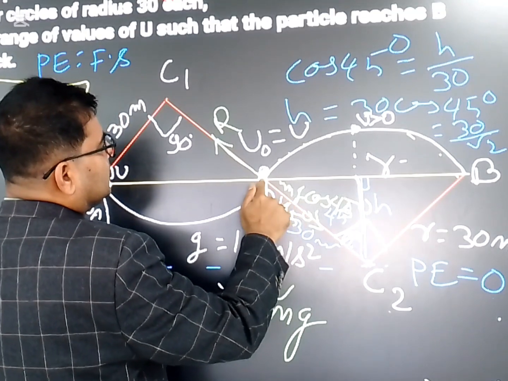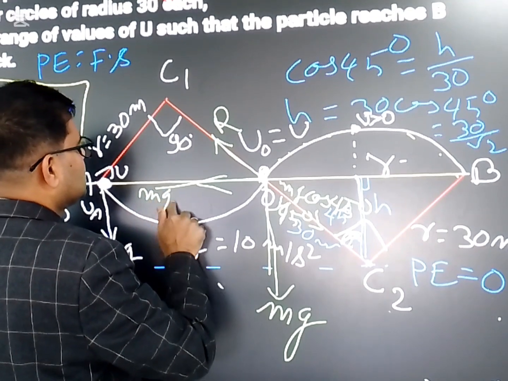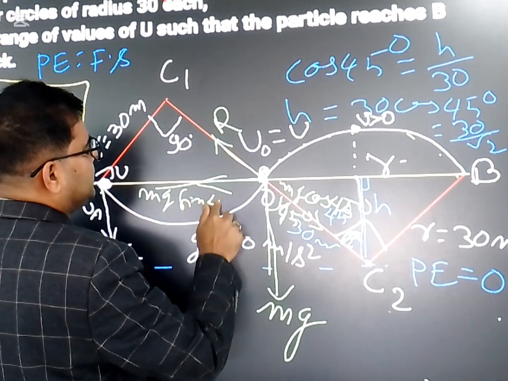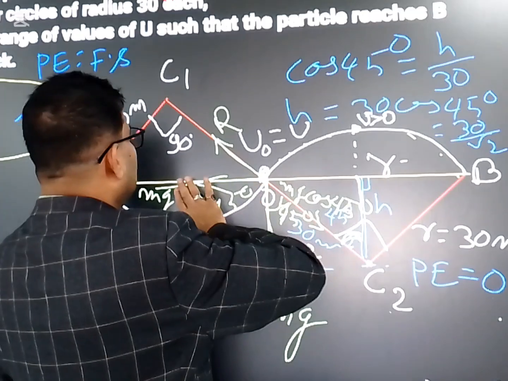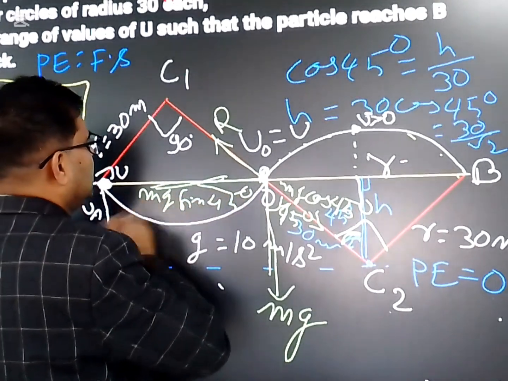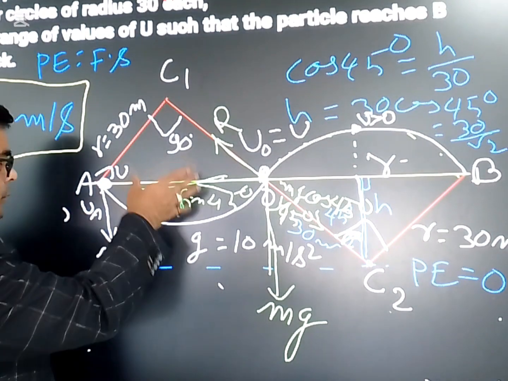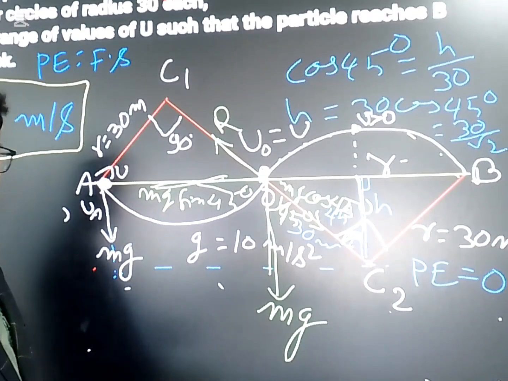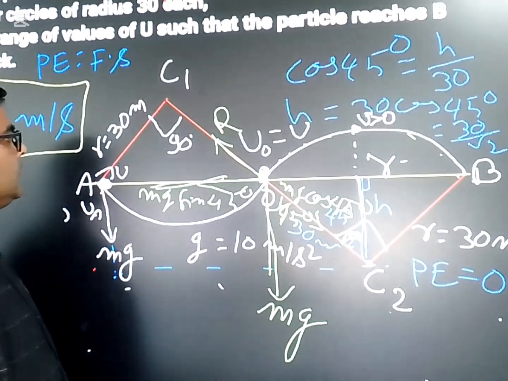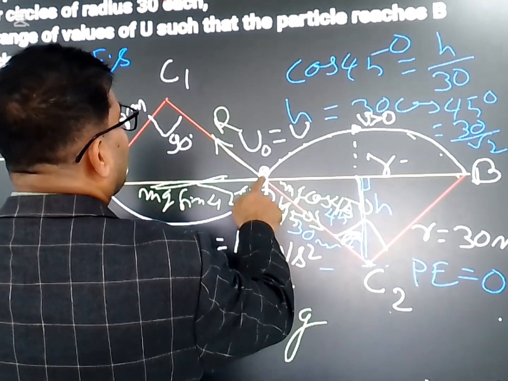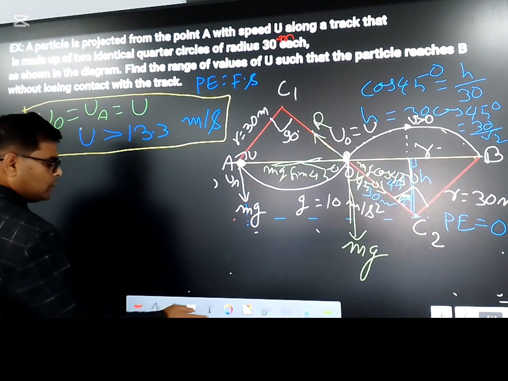And it has a vertical component at this point, mg sin 45 degrees, which will be balanced by some other force in the opposite direction. We use this value if we need it, otherwise we leave it in its balanced condition. So let's go further.